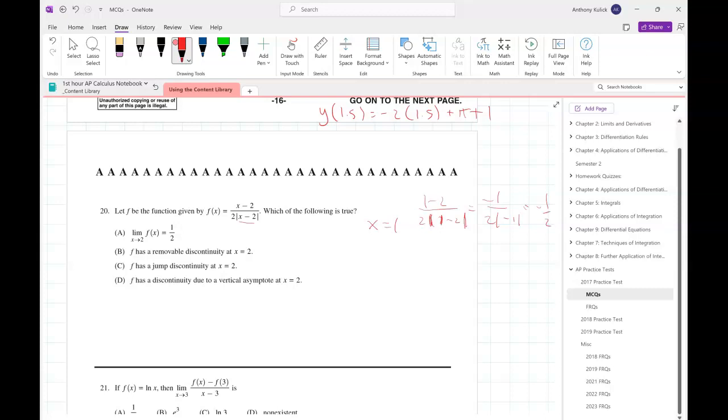Everybody agree? Until I get to x equals 2, we're just going to look like negative 1/2. And notice I put an open circle at x equals 2. How do I know there's an open circle there?